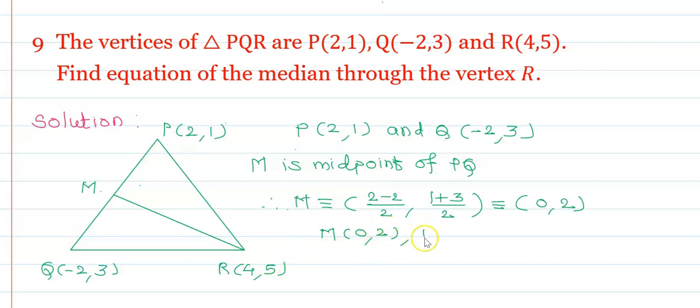What about the coordinates of R? R is (4, 5). It means that we know 2 points of the line, 2 points of that median.